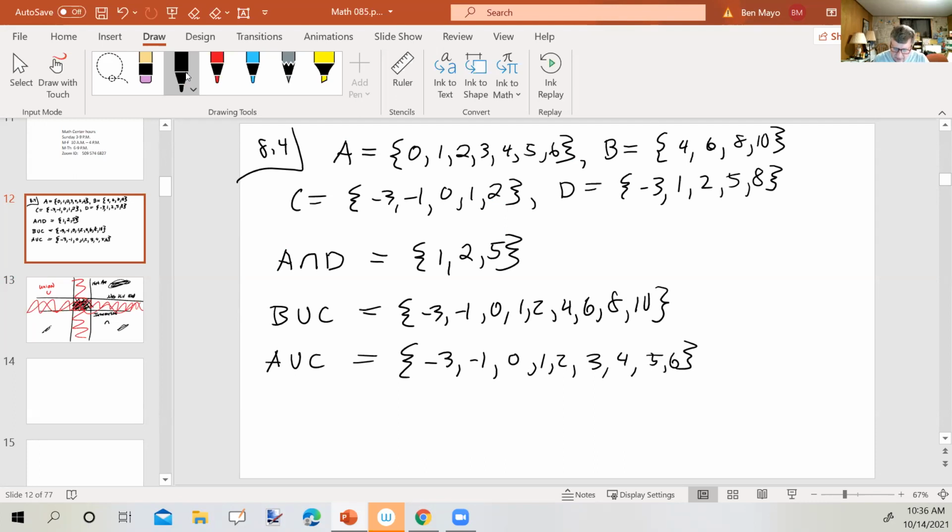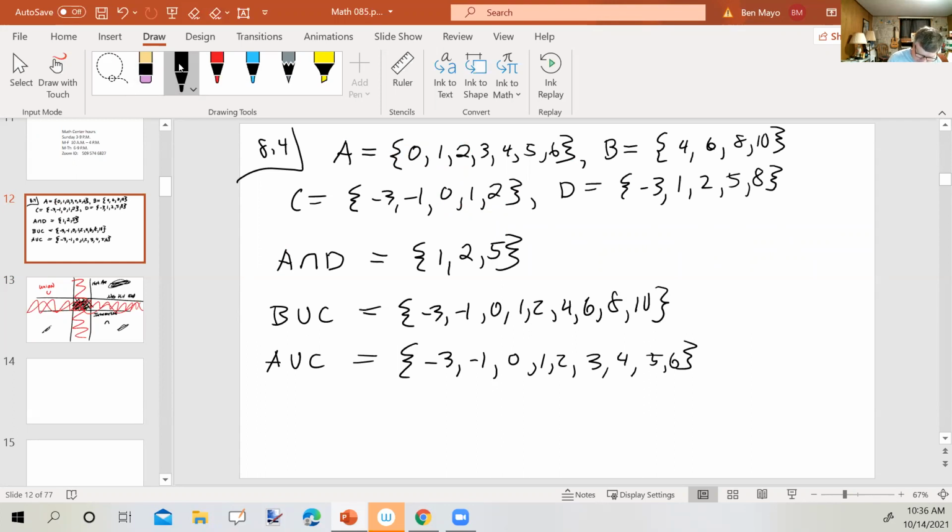Notice that I don't list the elements that are in both twice. For instance, 0, 1, and 2 are in both A and C, but I don't list 0 twice, 1 twice, and 2 twice, okay? So when you're listing the union, you just have to list each element that exists in either one just one time, okay? Let's get rid of that.